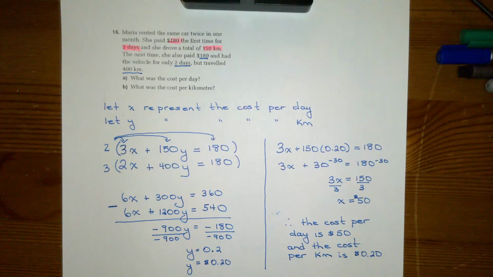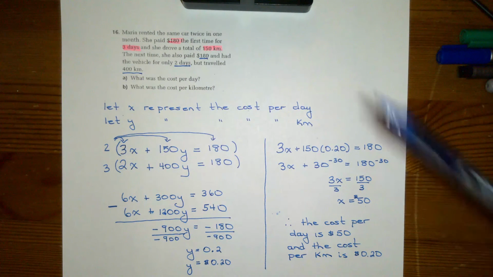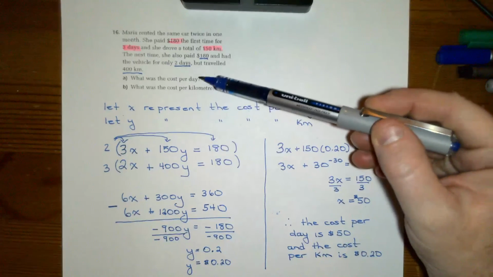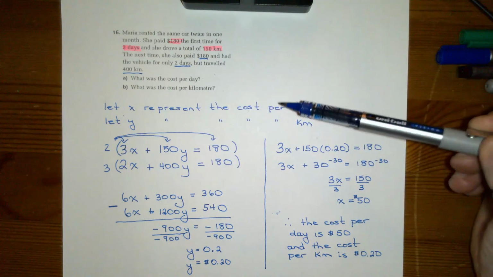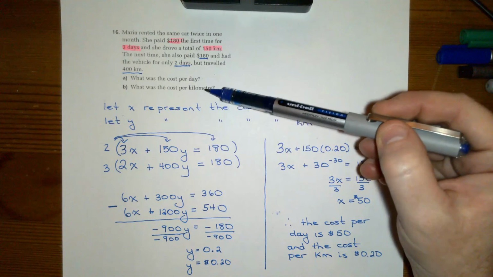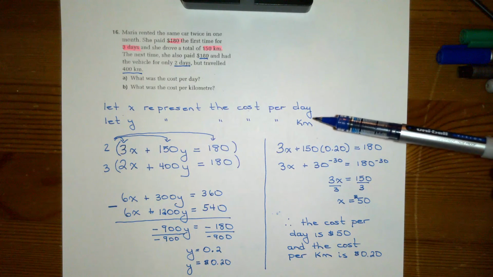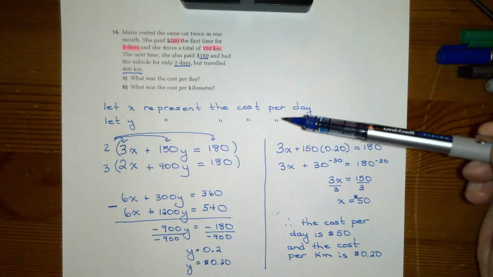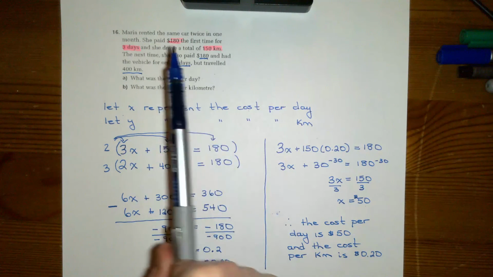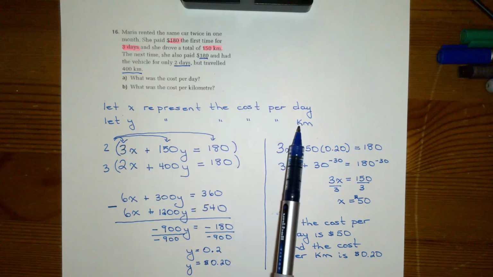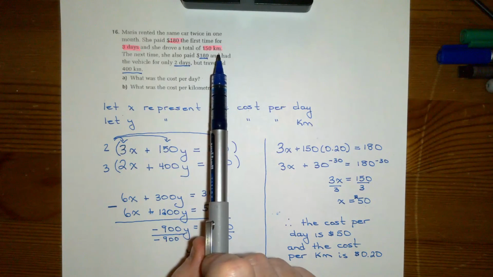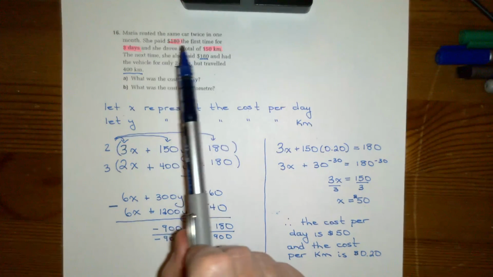All right, so just to quickly recap, often when you read the question, it gives you a hint as to what your variables could be. So we know one of our variables is the cost per day, and the other variable is the cost per kilometer. If we multiply the cost per day times the number of days, and the cost per kilometer times the number of kilometers, and we add those up, then we're going to get how much she paid.